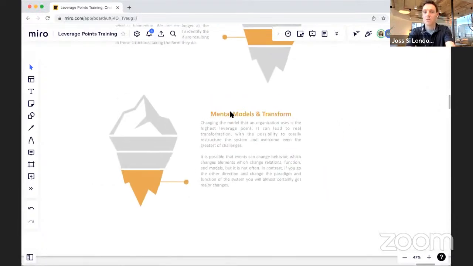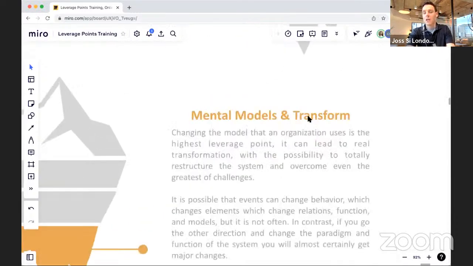And then ultimately, in mental models, when we understand the mental models, we can enable transformation by changing them. Changing the model that an organization uses is the highest leverage point. It can lead to real transformation, with the possibility of totally restructuring the system and overcoming even the greatest challenges.